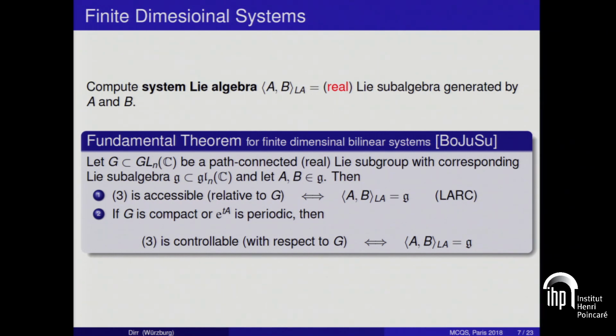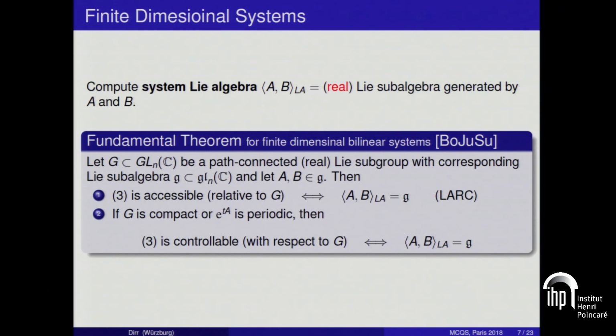If it's not path connected, you can never hope that your system is controllable because your reachable set is path connected, and so you will always stay in the path connected component of the identity. So let's assume from the very beginning that your Lie group is path connected, and to this path connected Lie group there corresponds a unique Lie subalgebra. Let's assume that A and B are in this Lie subalgebra, and then you have the following equivalence.